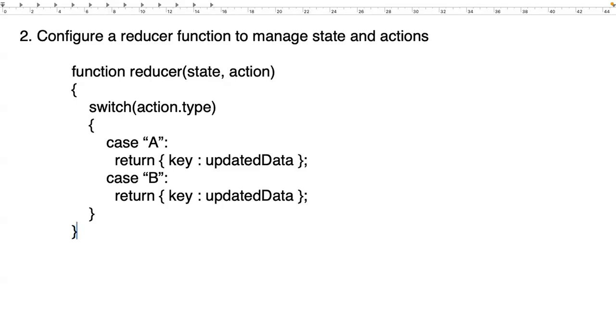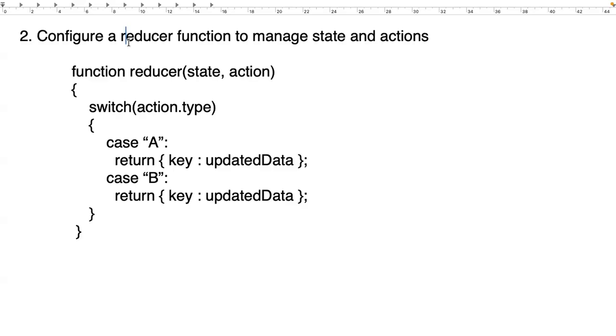Configure a reducer function to manage state and actions. That means on which action, what needs to be updated in the store is decided by the reducer. Reducer contains state and actions.